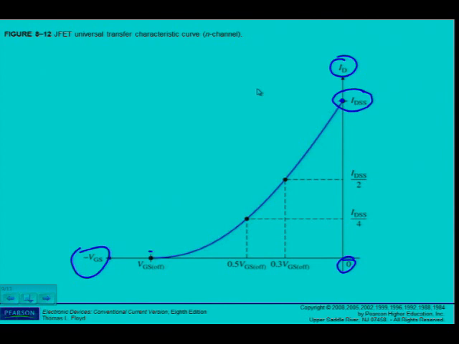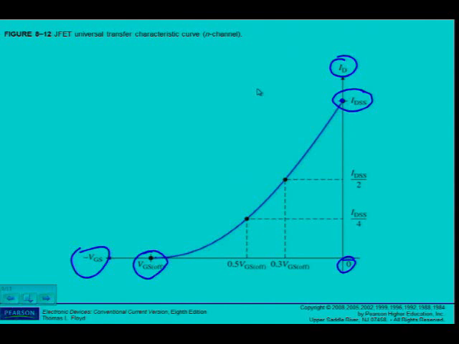VGS off I also get from the data sheet for a specific device, but it might also be given as V pinch off. Then I know it's the same magnitude, only the polarity is different. Okay, so I can plot those 2 points already.